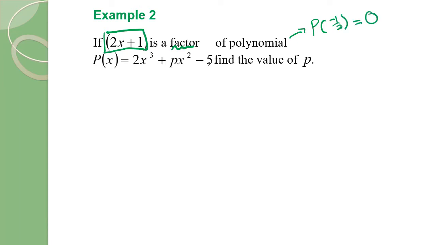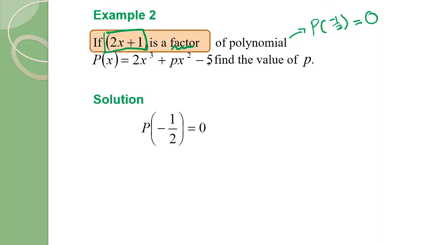This is a known fact, so we can relate the theorem. p(x) equals 2x cubed plus px squared minus 5. We can find the value of p by using this theorem. What we need to do is substitute x with negative 1 over 2 and then equate to 0, because it's a factor, so we don't have any remainder, or the remainder is equal to 0.